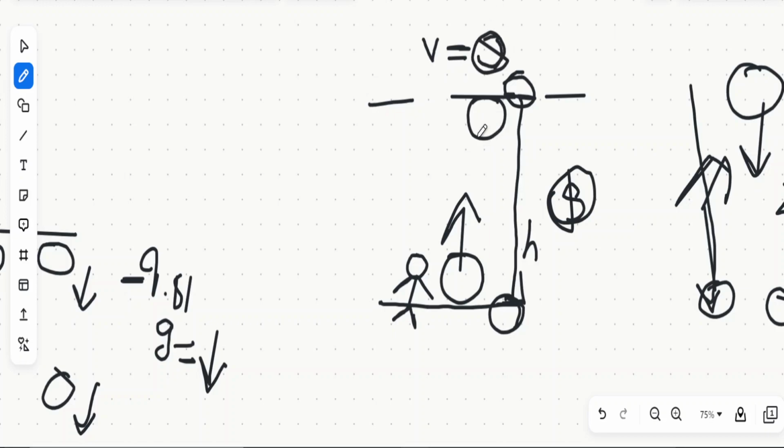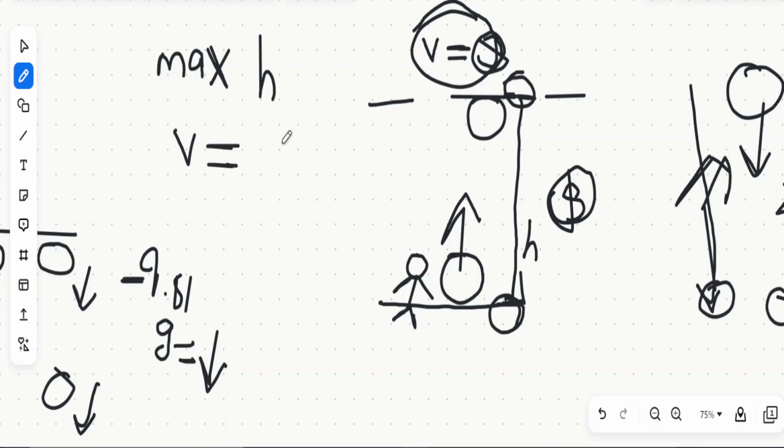At the point where the ball reaches the maximum height, the velocity will become 0. So remember, at maximum height, your velocity is 0, and your ball changes direction and moves downwards.